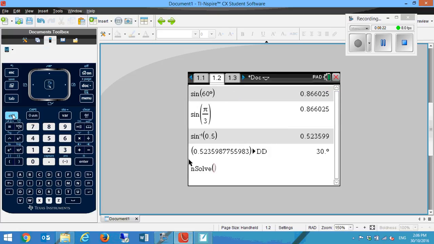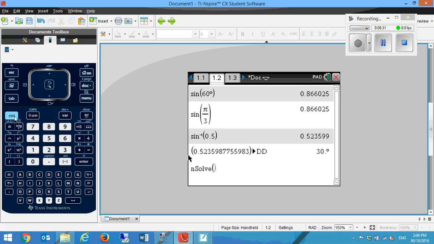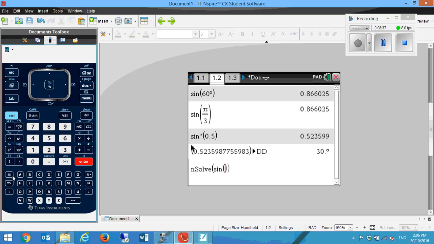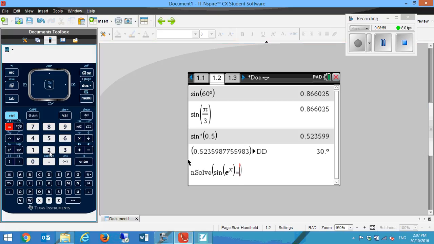So we want trig, sine of e to the x, equals, we need to stay inside that main bracket, 2x squared minus 3, we're all inside.